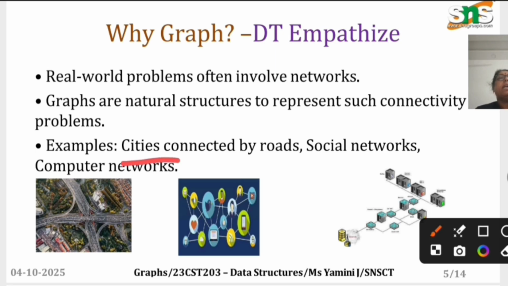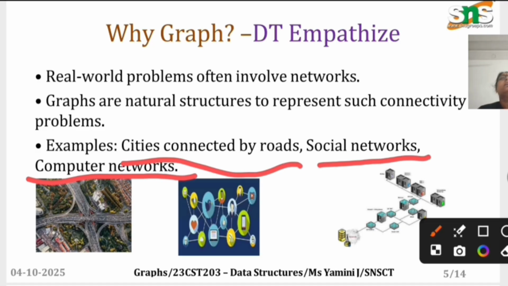Graphs are the perfect way to represent such connectivity. That is why understanding graphs helps us model real world systems efficiently.